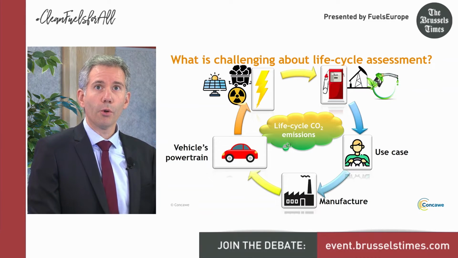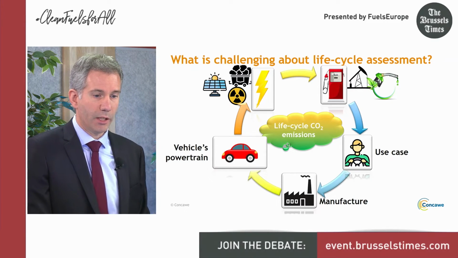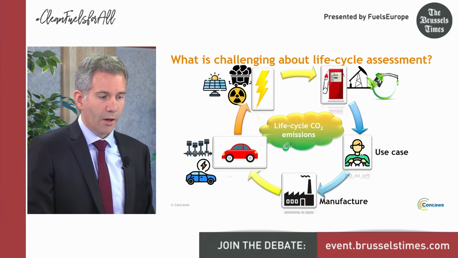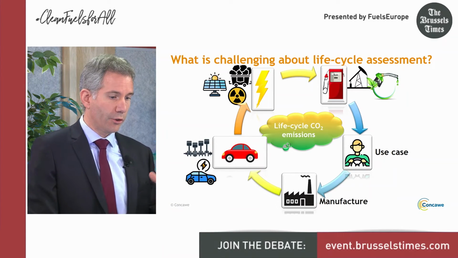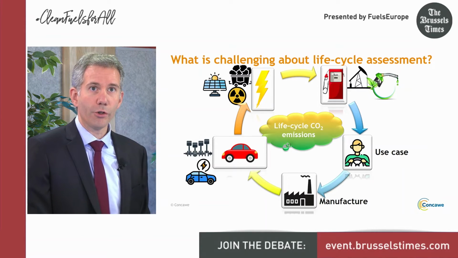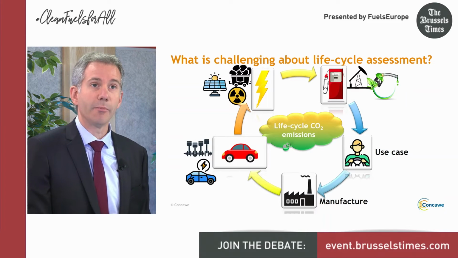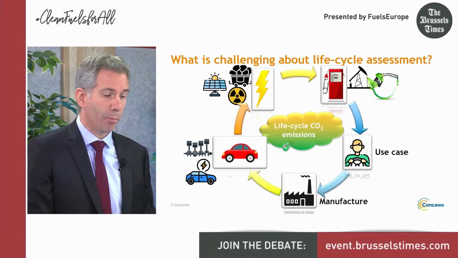For fuels, you also have several options. It can be out of crude oil, or it can be a renewable fuel. For the vehicle's powertrain, you can use an internal combustion engine, or you can have an electric car, or you can have a mix of those. It can be a hybrid car, or it can be a plug-in hybrid car.